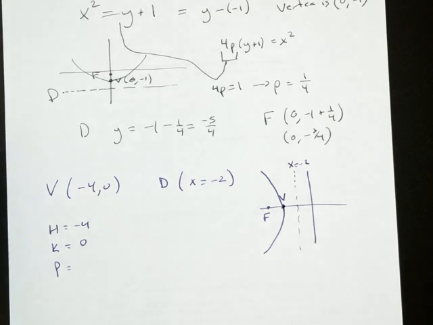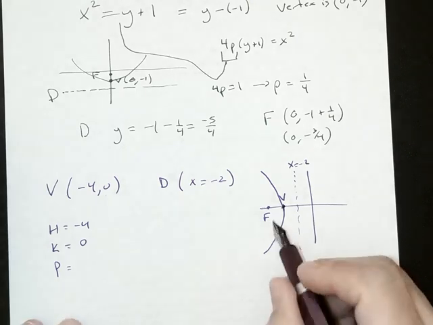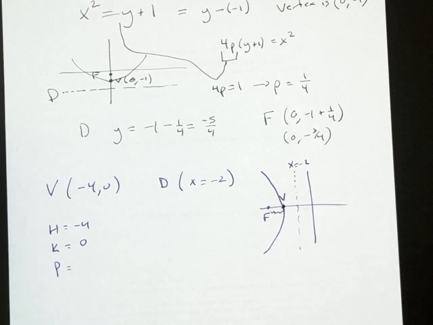That would be true if we were going through the origin. But now I'm not. I moved over. P is a distance. It's the distance between two things. What two things? Yes, it's the distance from V to F. It's also the same distance from V to D. How far is that? Aha! But we're going left, so I want to make it negative.